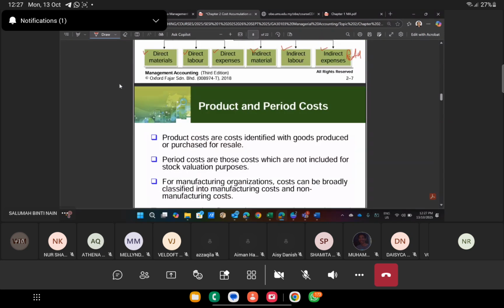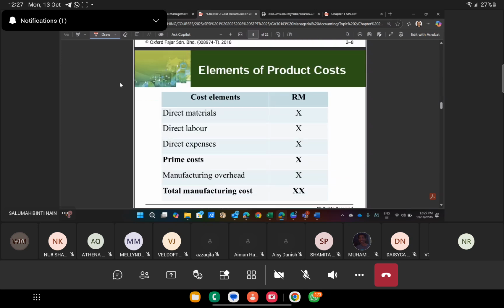If I'm too fast, just stop me. So elements of the product cost: once again, direct material plus direct labor plus direct expenses. That's how you derive the prime cost. Plus the manufacturing overhead, or just now production overhead, then that's how you derive the total manufacturing cost or total product cost.